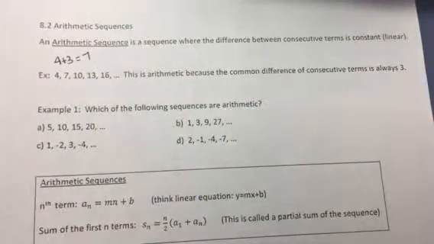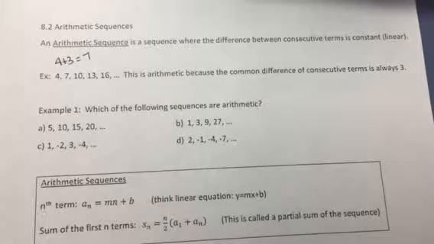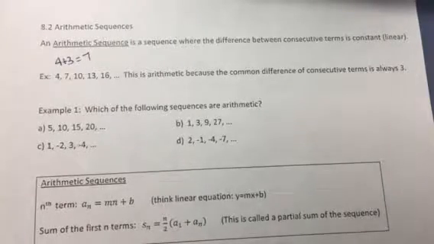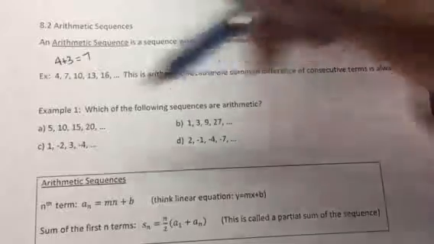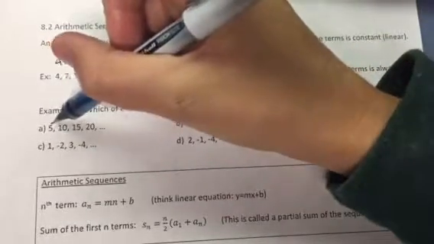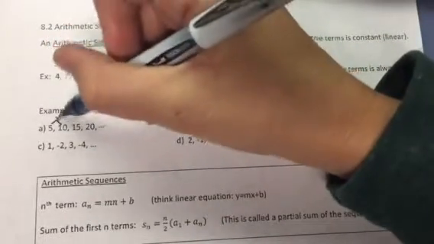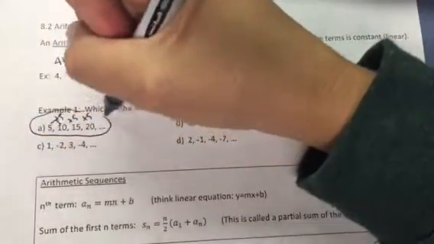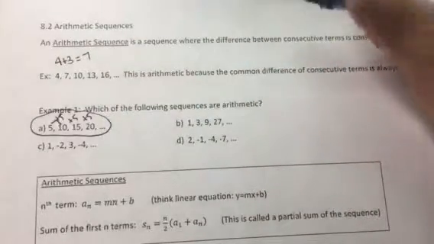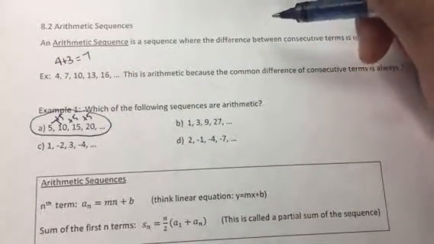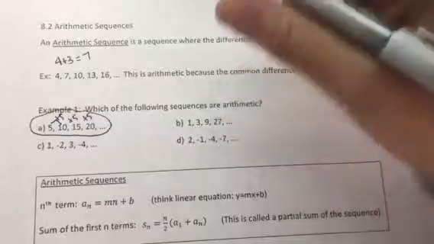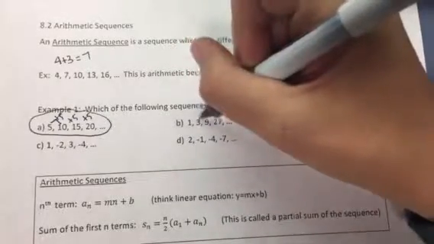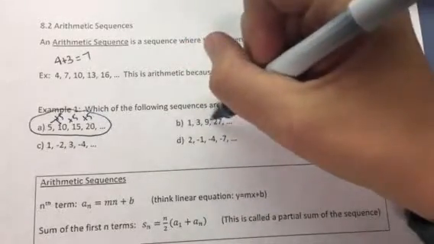All right, so example 1, which of the following sequences are arithmetic? In letter A, 5 plus 5 is 10, 10 plus 5 is 15, 15 plus 5 is 20. So that is constant, and if we graph those points, they'd be linear. For B, 1 plus 2 is 3, but 3 plus 2 is not 9.